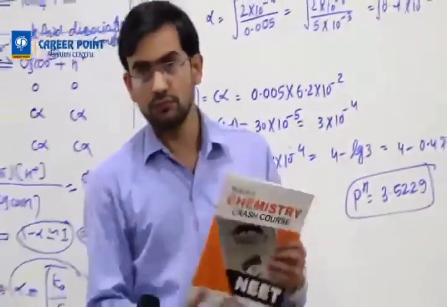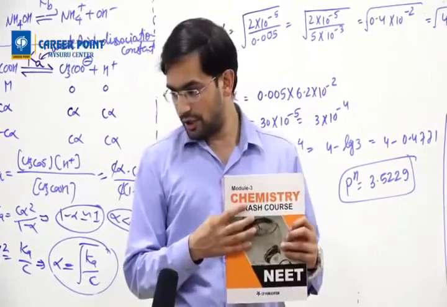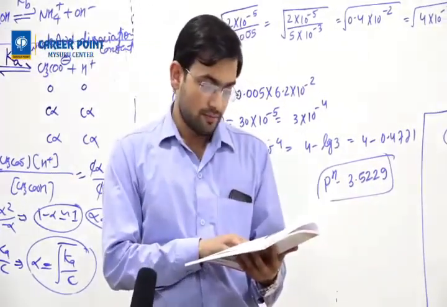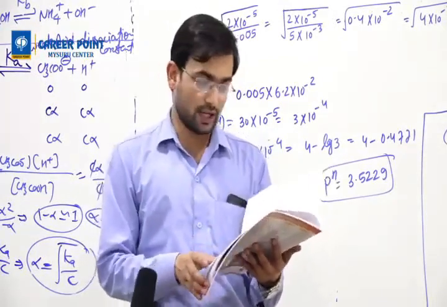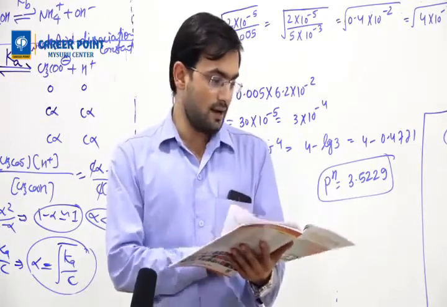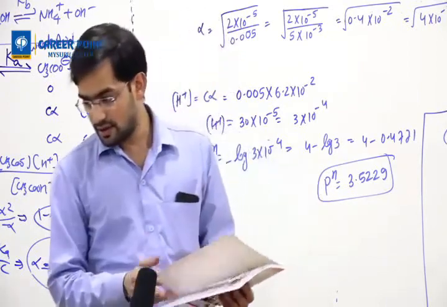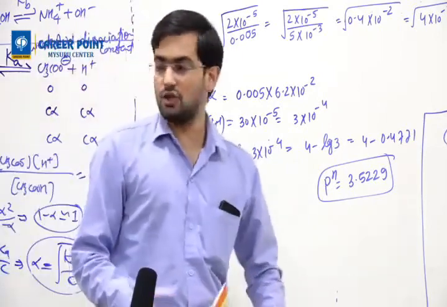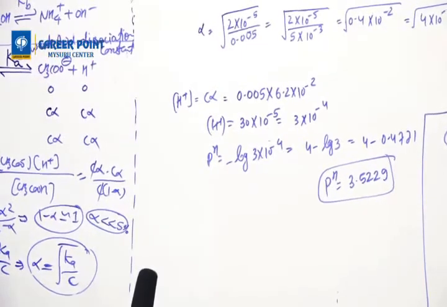So module 3, KCT NEET, same module 3. There are 2 chapters, acid and base and ionic equilibrium. Both are your homework. Both exercises you will get in the group. Try to solve them. Okay?